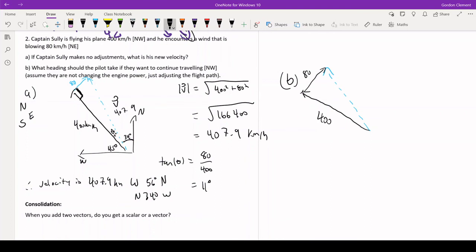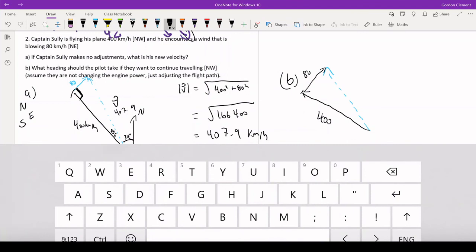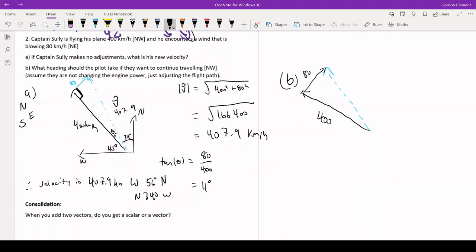They're going to have to adjust off of this to get to this path now. I drew it so it looks kind of the same, but really what I'm doing is rotating this side here, out here, so that the resulting vector ends up on that northwest path. So we've got to figure out an angle in this picture.